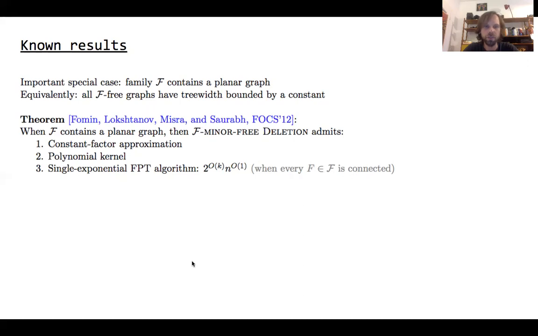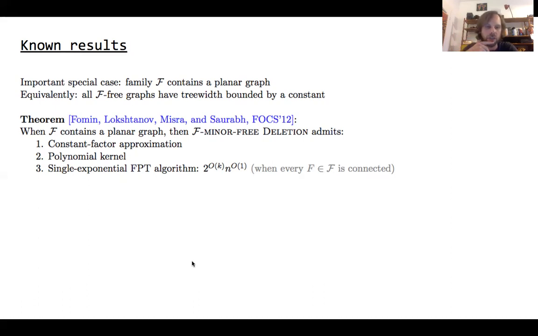For this special case, there is a powerful meta-theorem by Fomin, Lokshtanov, Misra, and Saurabh, which states that whenever F contains a planar graph, then F-minor-free deletion admits a constant factor polynomial time approximation, a polynomial kernelization, and a single exponential FPT algorithm.